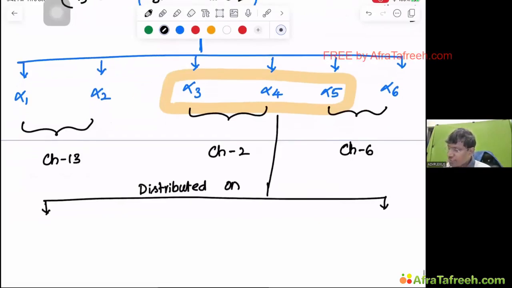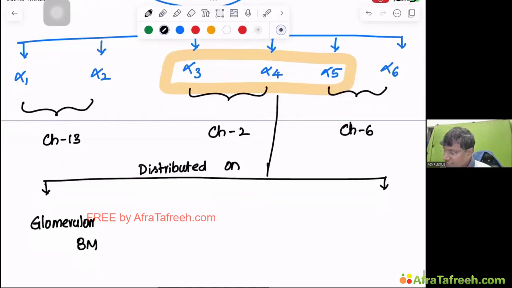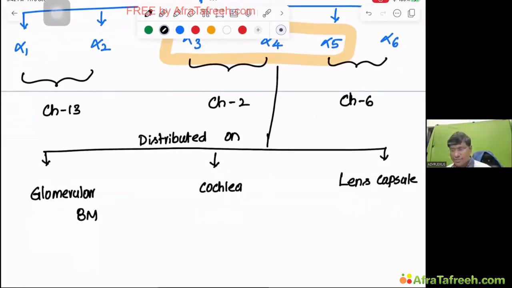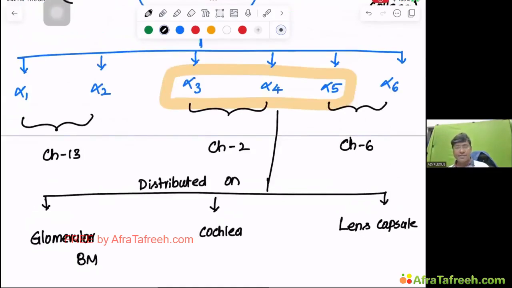They are distributed on the glomerular basement membrane, in the cochlea, and in the lens capsule. So these are the 3 places where your alpha 3, alpha 4 and alpha 5 chains are distributed.